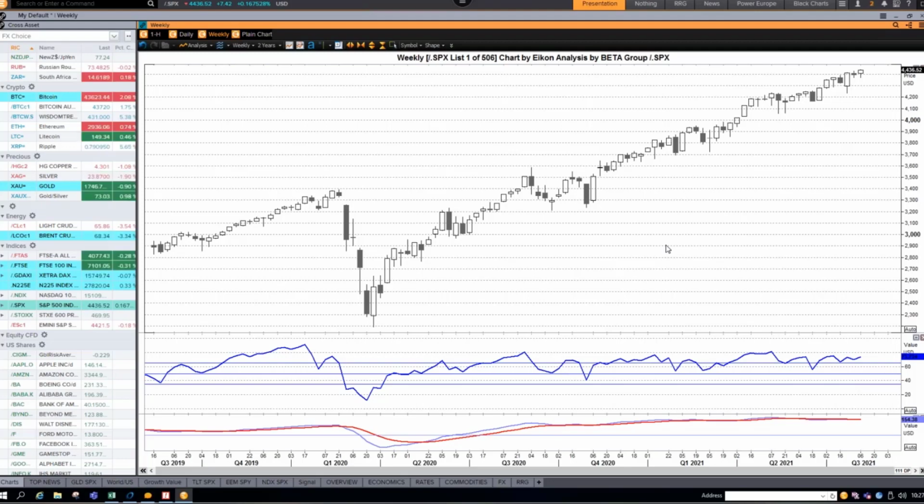Even though there are 500 shares in the index, 10 stocks account for something like 85 or 90% of it. So basically what they do determines what the index does.